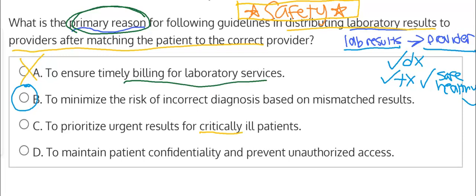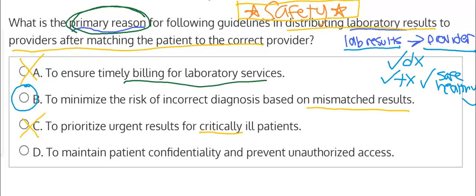And if we do mismatch results, like they're saying in option B, then these critical results could go to the wrong patient, and then our critical patients wouldn't be treated anyway. So really the main primary reason is just getting the right diagnosis to the right patient just overall. We want to prioritize critically ill patients, but that's not what the focus is on for this question. So we can eliminate option C.